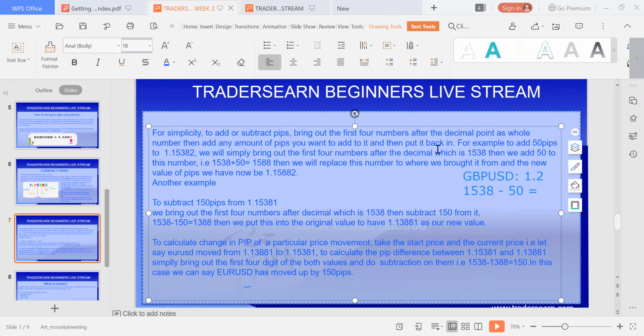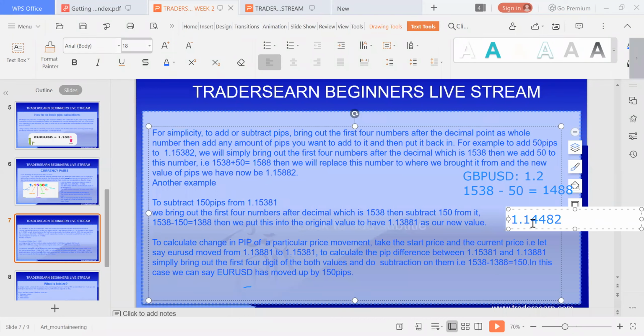That's what I will get. After doing that, I will bring this 1488 back into this place. So my final answer is 1.14882.